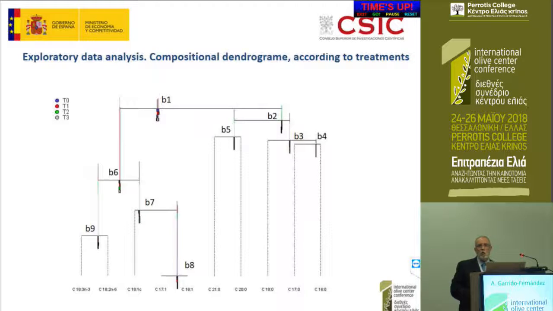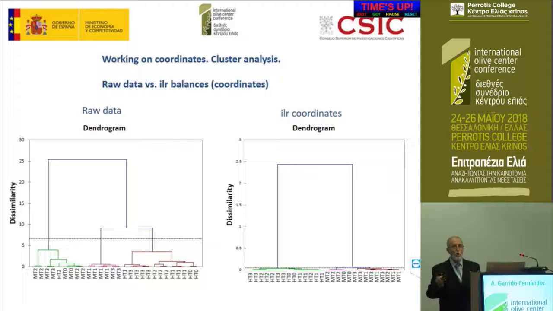Well, it is also interesting to compare the results obtained with application of the conventional multivariate analysis to the raw data and also to the transformed data. In this case, we can see that there are clear differences between the dendrogram obtained with raw data with respect to ilr coordinates.